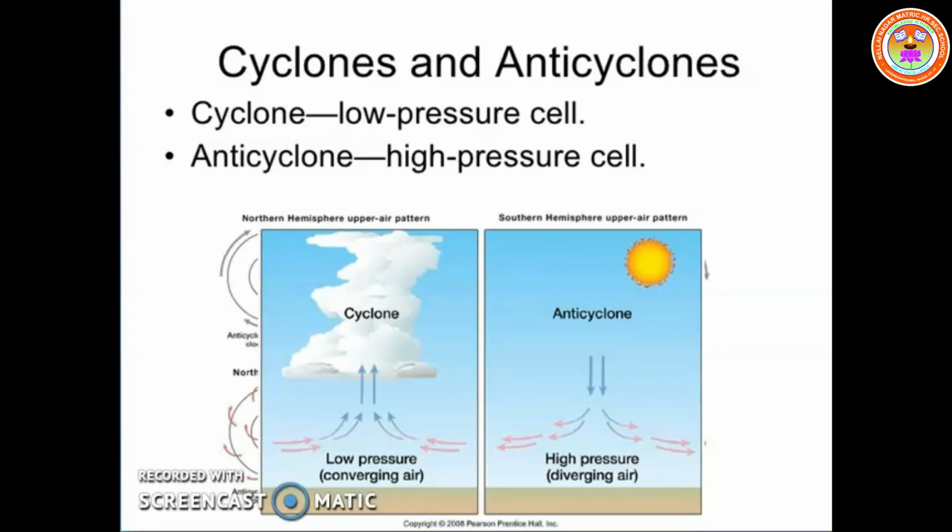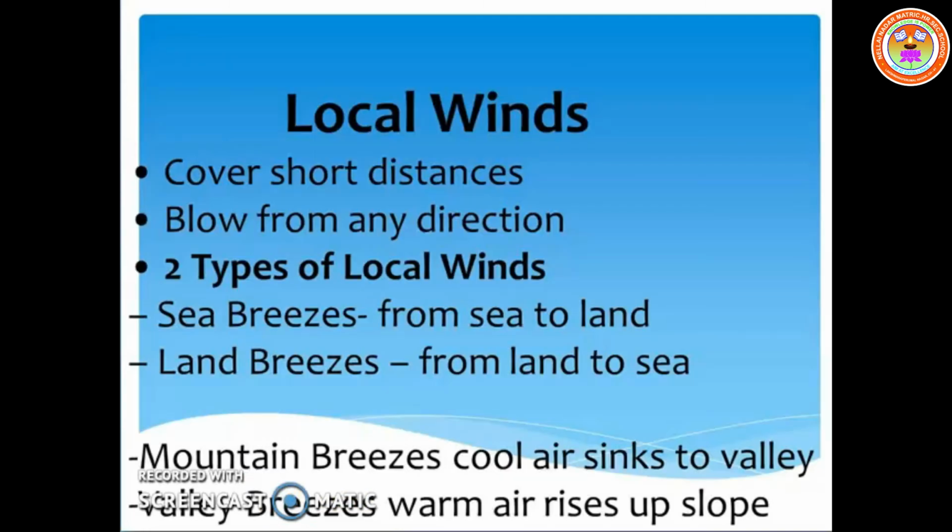Next type of wind is local winds. Local winds are the winds that blow only in a particular locality for a short period of time. The effect of these local winds is experienced only in that particular area.